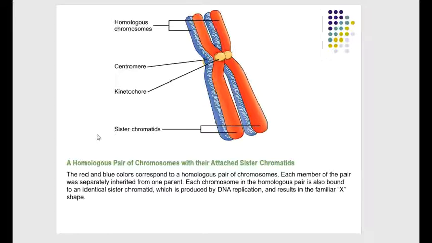So we go through DNA replication in order to make a homologous pair of chromosomes, okay? So homologous pair meaning same pair, matching pair of chromosomes. So remember that chromosomes are the packaged genetic material, okay?